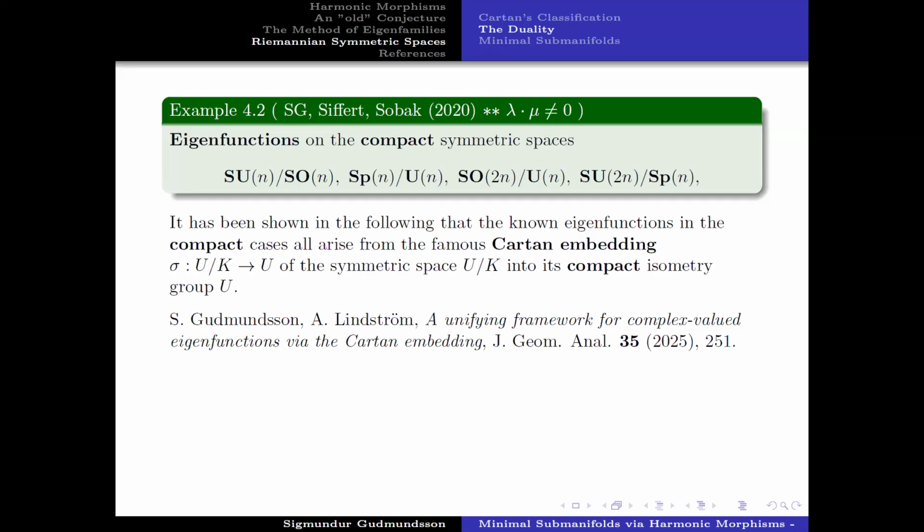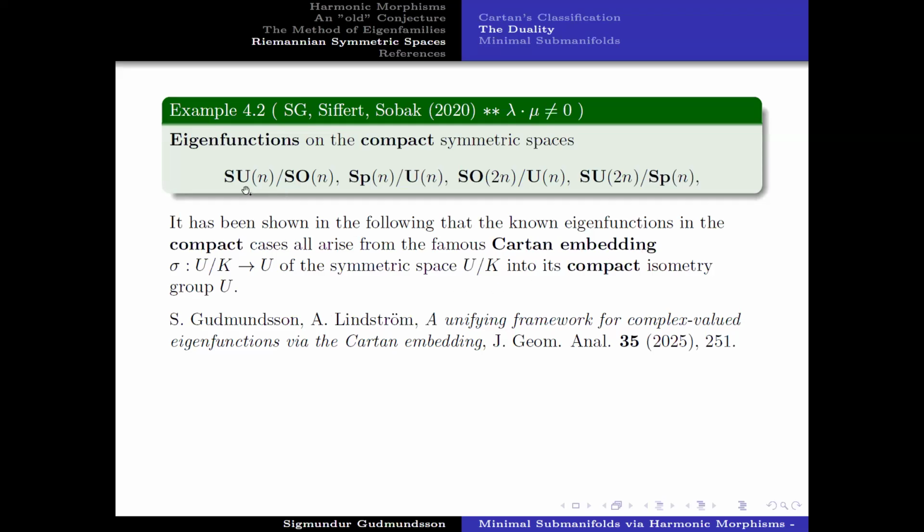You could use the Cartan embedding, which, what does it do? It takes a compact Riemannian symmetric space and maps it into its isometry group, it's a Riemannian immersion. So all these examples that we found in the compact cases actually arise from this Cartan embedding.